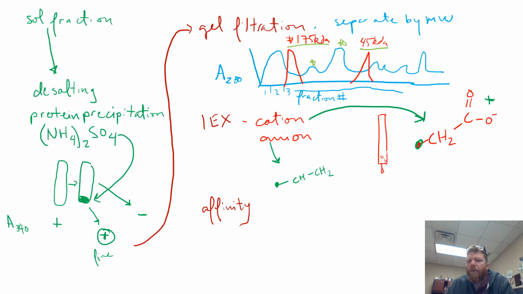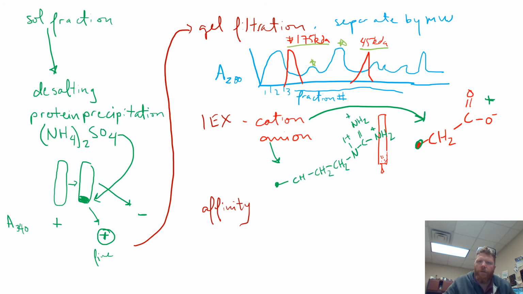If we had something like an arginine, so if we have an arginine R group, CH2, then NH, and then we've got our C, double bonded NH2, positively charged, then an NH2 here.